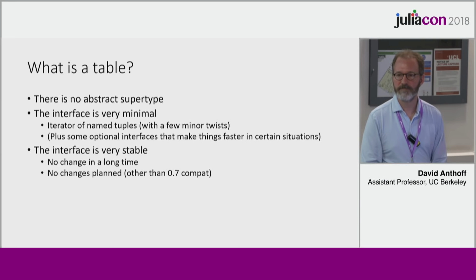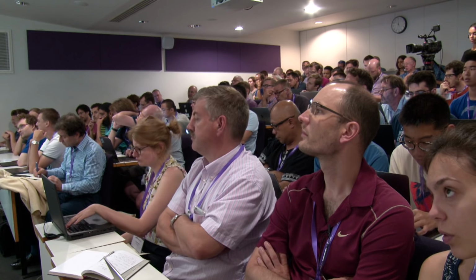Yes? I have a question. If this interface assumes that the type of named tuple is constant, which might be relevant if you do streaming, and you find out only after reading 10 million rows that something is not the type you thought.